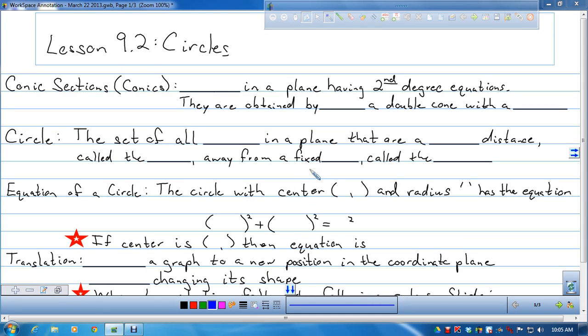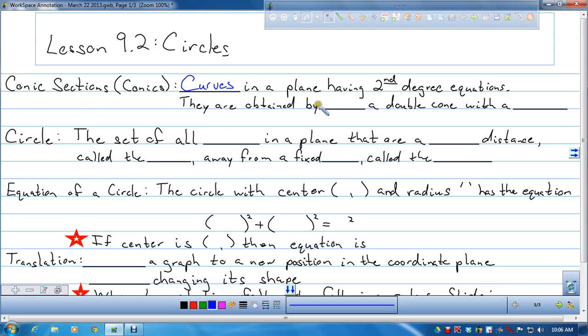Okay, today we're going to go over circles. First off, like we talked about last time in class, a circle is the first of the conic sections that we are going to go over. Conic sections are simply curves in a plane that have second degree equations, meaning that we have variables raised to the second power.